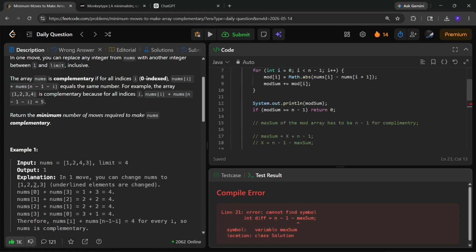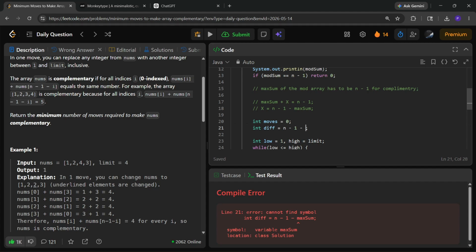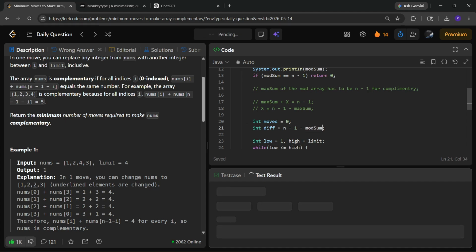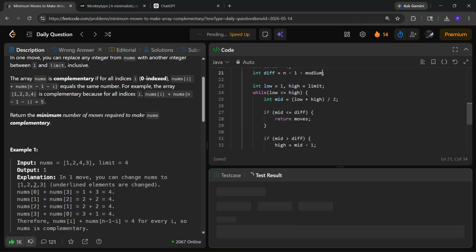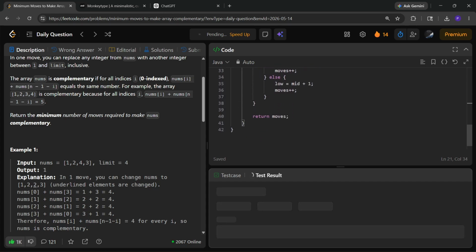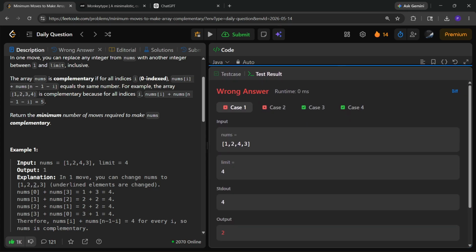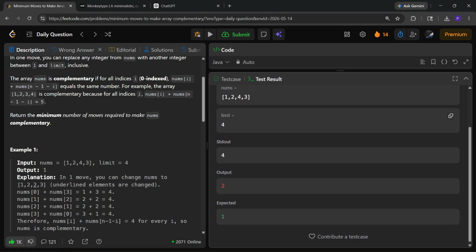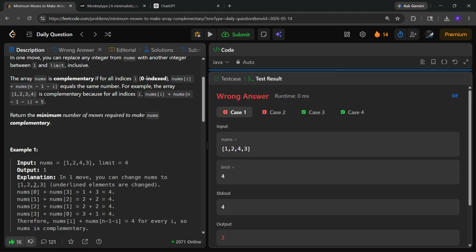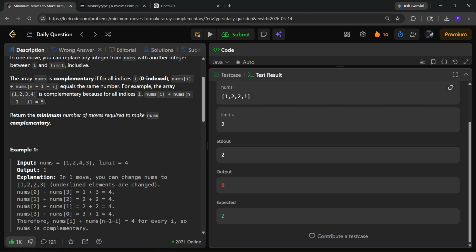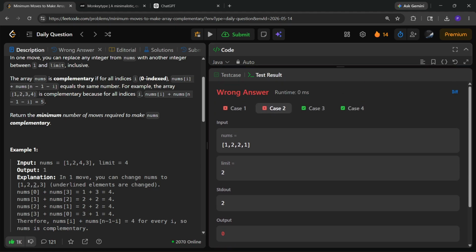Cannot find symbol max. Makes sense. Is it off by 1? Not off by 1.